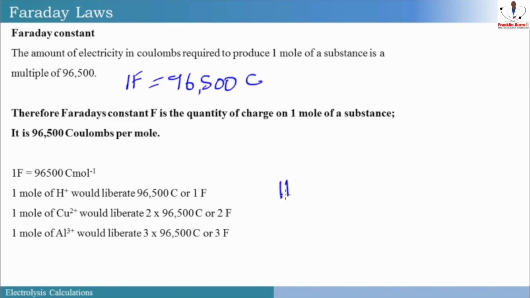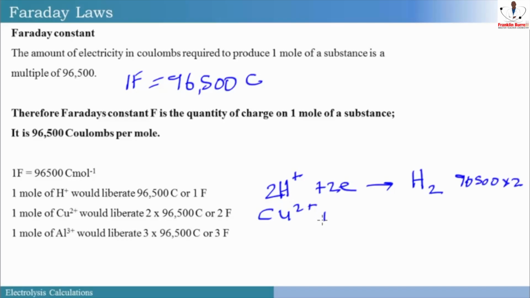So for H plus, we have 1 mole of electron being liberated, and that will be 96500 coulombs. Now, if you write the half equation, you'll notice that in my half equation here, I now have 2 moles of electrons liberated. Hence, that would be 96500 times 2.